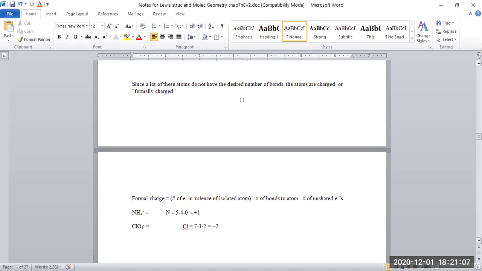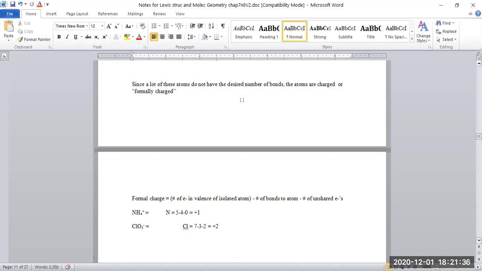If you took the number of valence electrons and did this weird little calculation, which says subtract the number of bonds, and then also subtract the number of unshared electrons, you have a leftover. So this is more wise. This gives you ideas that go along with the fact that you can force something to have more bonds, but then it's unhappy.